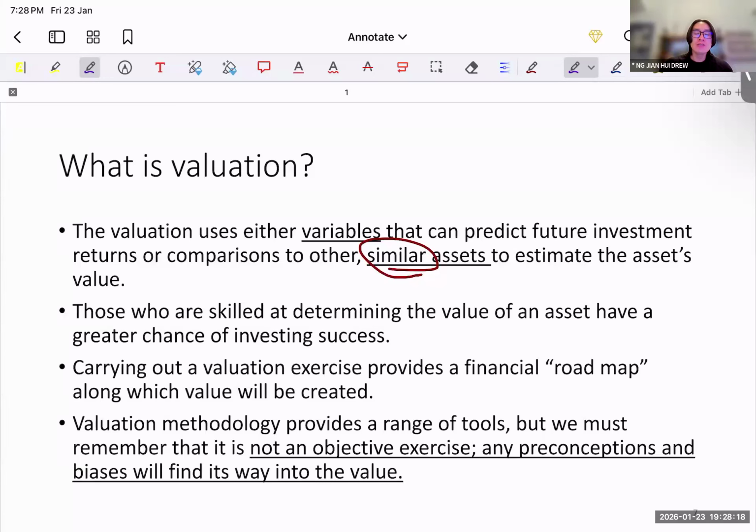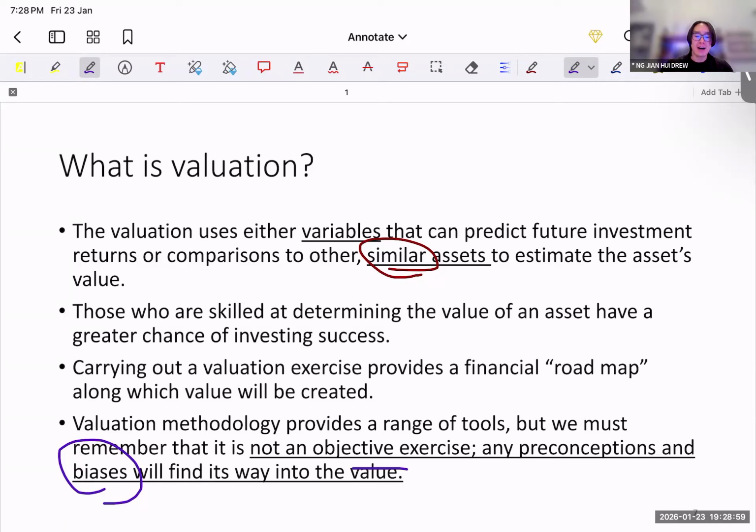Now, by doing so, yes, we have a comparison, but we need to understand also that valuation introduces personal biases into the value of your asset. What I'm trying to say here is that because valuation comes from a state of personal opinion, maybe your perception of the market or how the company will perform, there's a substantial portion of judgment that has to be put in place in order to value a company, a stock, which is why it is definitely not an objective kind of exercise.